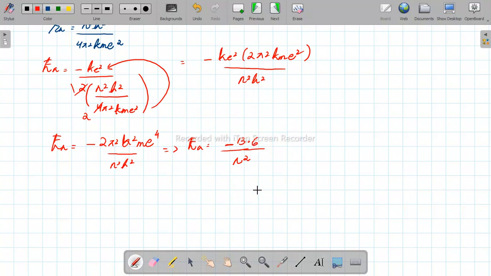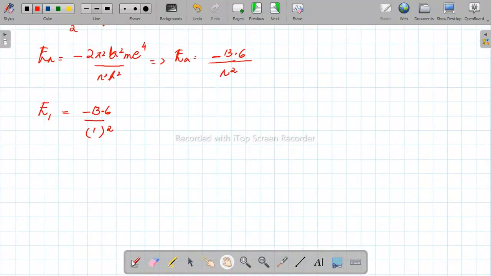So what is this? This is the expression for quantization of energy. It suggests that to calculate the energy of an electron in the first orbit, you place n equals 1, that is E1 equals minus 13.6 over 1 square. For the electron orbiting in the second energy level, you place n equals 2, that is E2 equals minus 13.6 over 2 square.